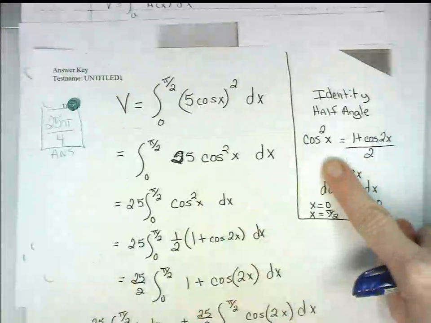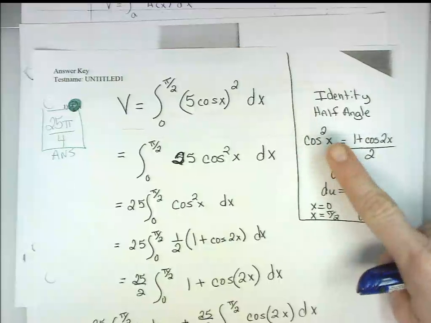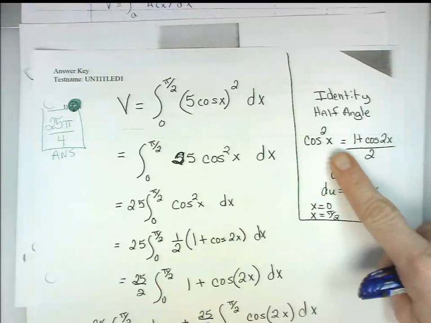The identity is called a half angle identity, and that's also on your formula sheet, formula packet.